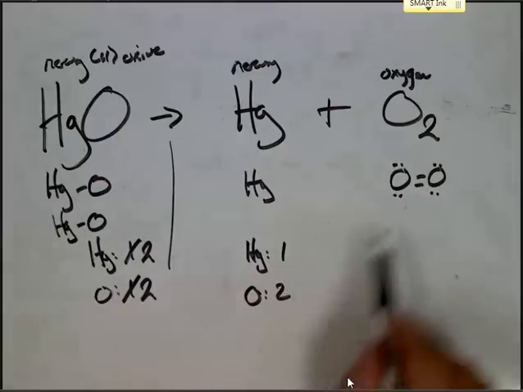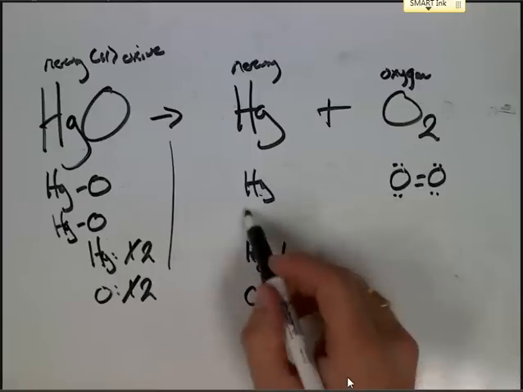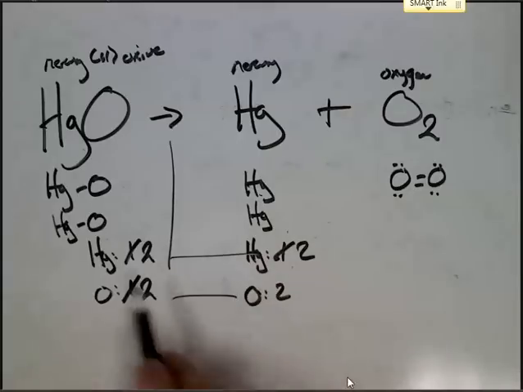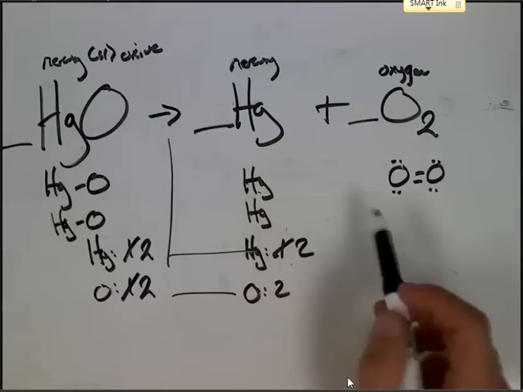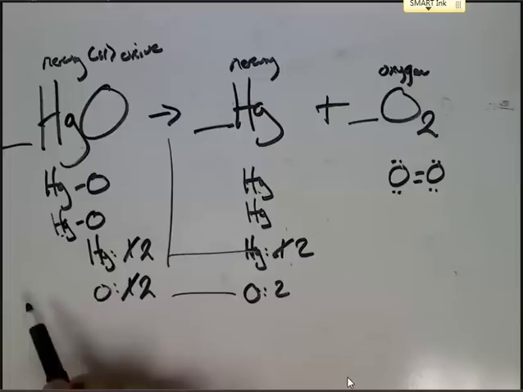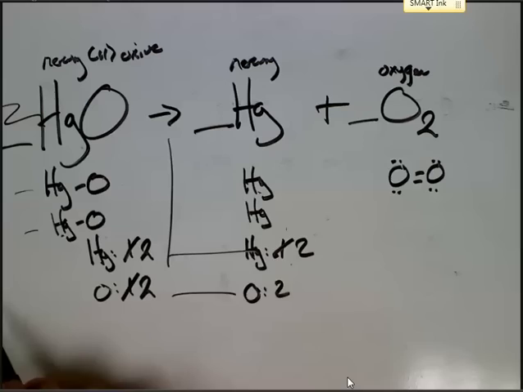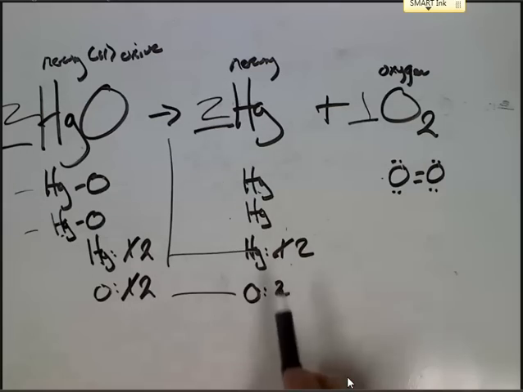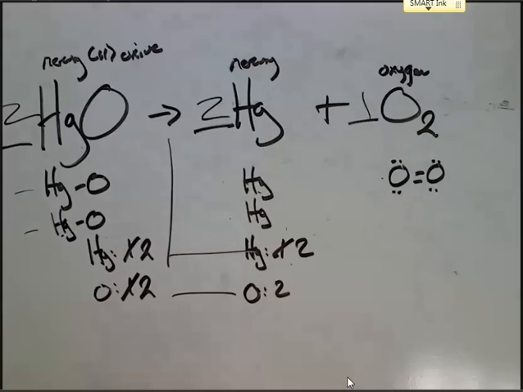On this side, still 2 oxygen, still 1 mercury. Well, I need 2 of them to balance. I've got 2 mercury, 2 oxygen, 2 oxygen. The coefficient is just going to be how many of these did I draw on each side. I've got 2 groups that look the same, so that coefficient's a 2. I've got 1 group that looks the same, so our coefficients would be 2, 2, and 1.